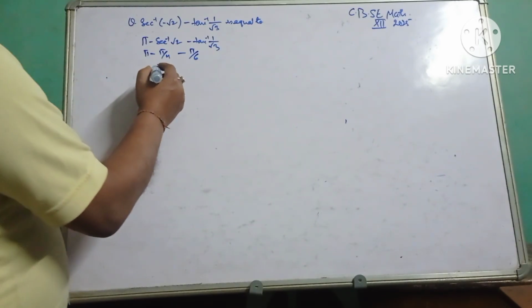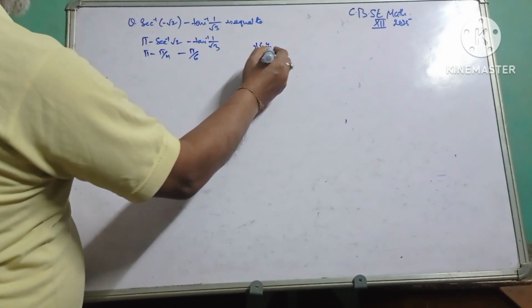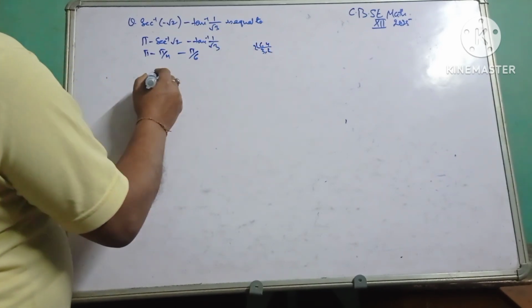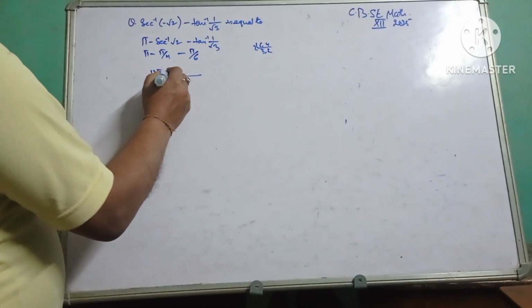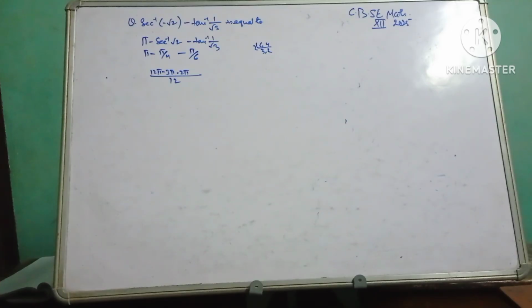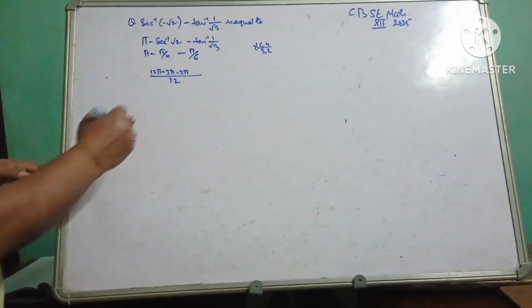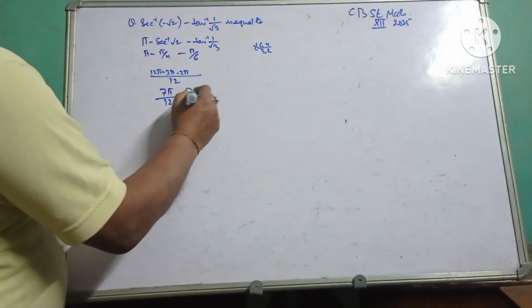So now the LCM of 4 and 6 will be 12. 12 pi minus 3 pi minus 2 pi. So 12 pi minus 5 pi, this will be how much? 7 pi by 12. So this is your answer.